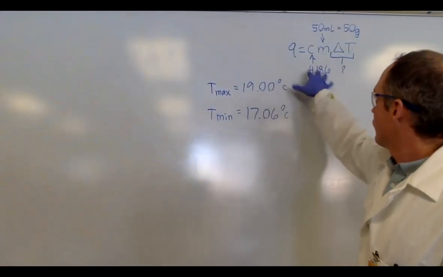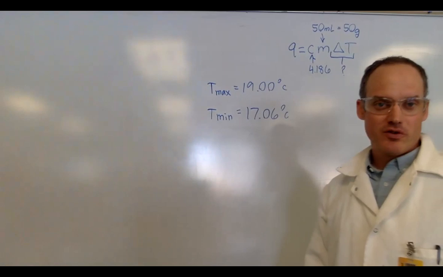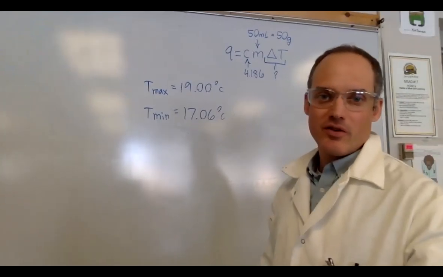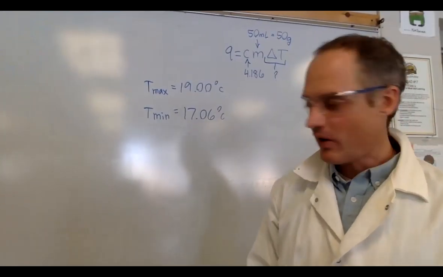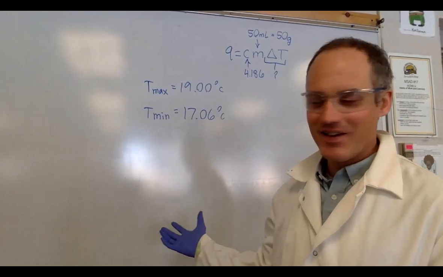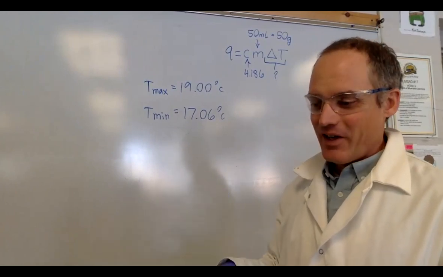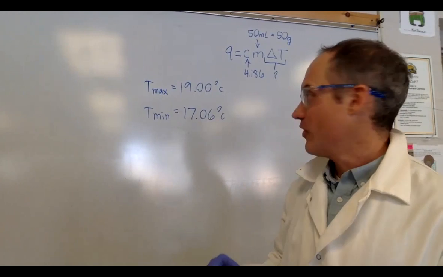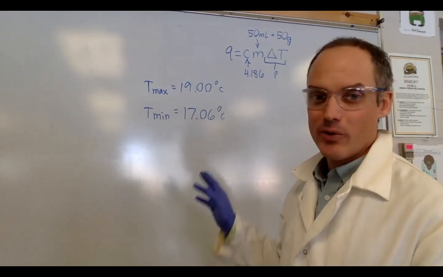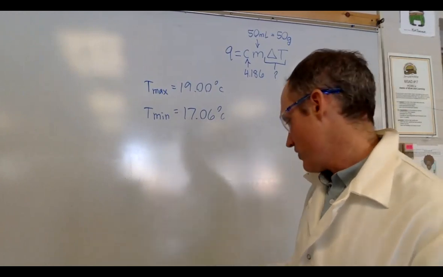Okay, so knowing that, and our equation, which has a change of temperature built right into it, we can use that information to figure out your Q, the amount of energy that the reaction put out.